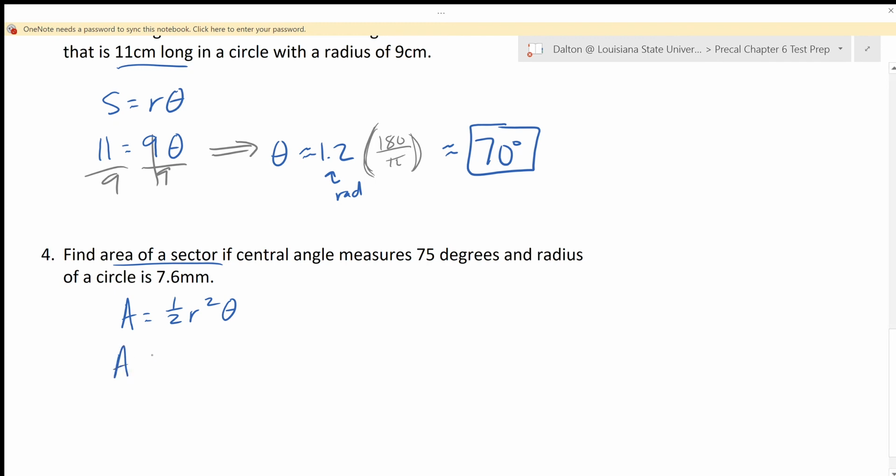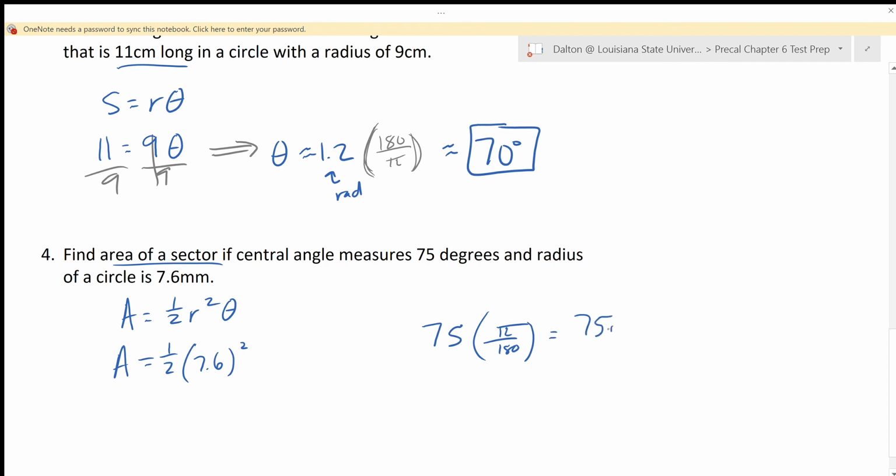I know area is what I'm looking for: 1/2, the radius is 7.6, so that'll be pretty easy, 7.6 squared. But don't make the mistake of plugging in 75 for theta, because theta requires that it is in radians. So you need to convert 75 to radians first. We're going to multiply 75 by pi over 180.